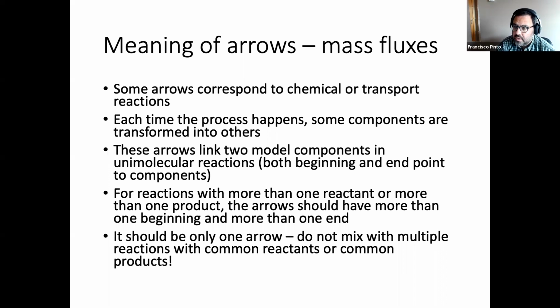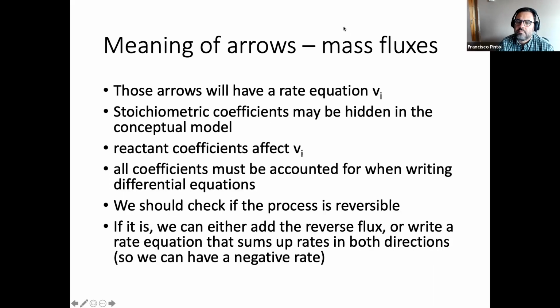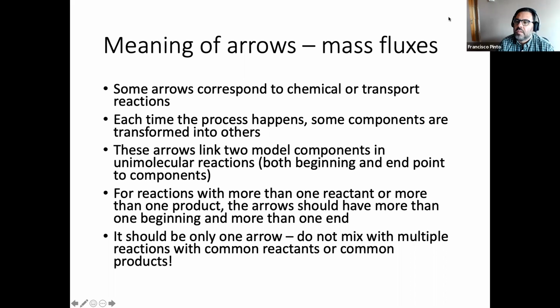Some chemical equations have more than one reagent and may have more than one product. Let me check if I can write here. So sometimes you have a simple reaction, where one molecule gives origin to another molecule.